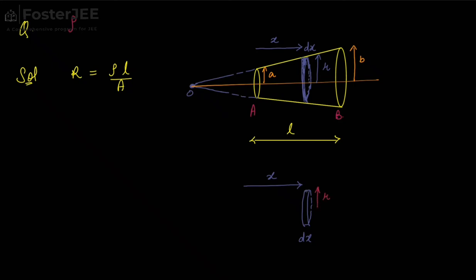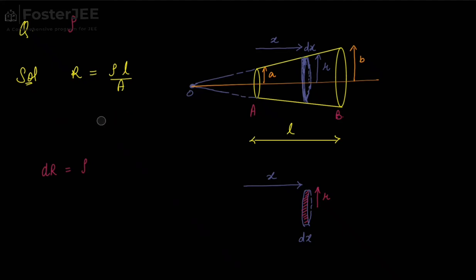If we try to write the resistance of this section, what will it be? dR, because it is an elementary part. Resistivity is independent of the shape, that is rho. The length of this part is dx. Why? Because L is the length through which the current passes.